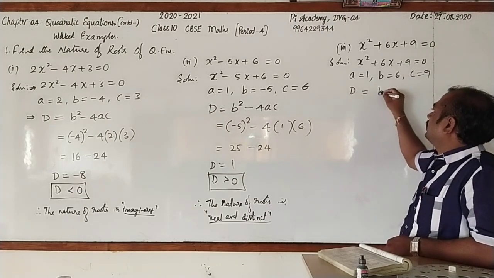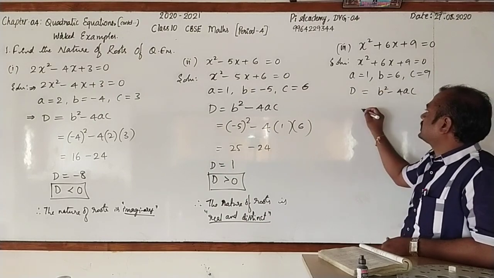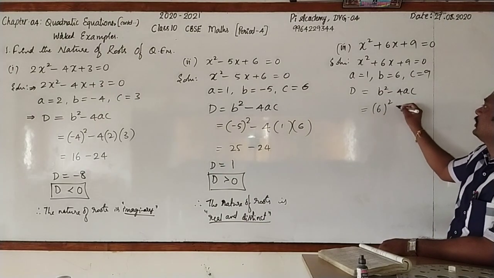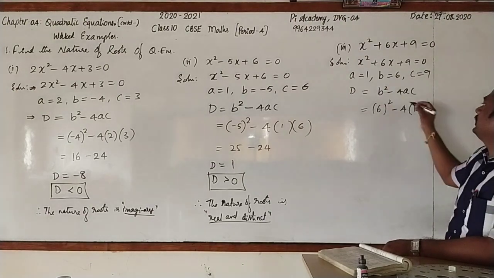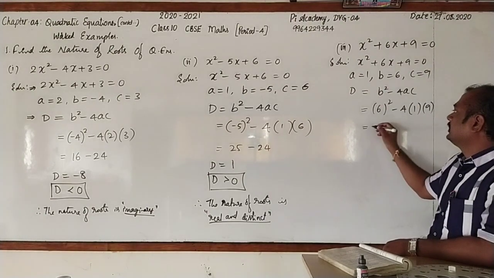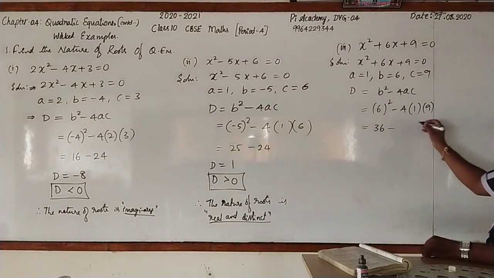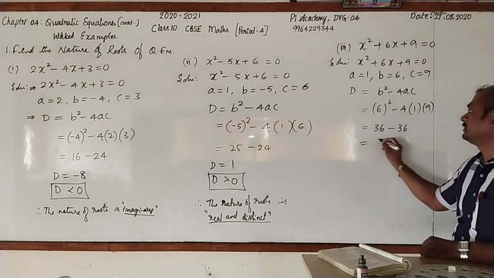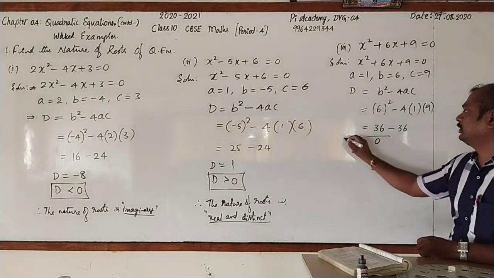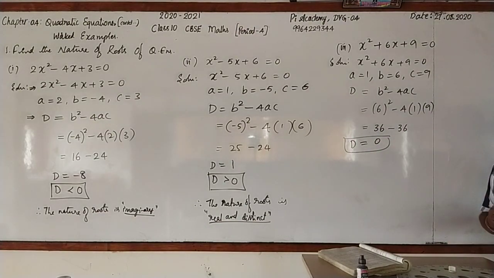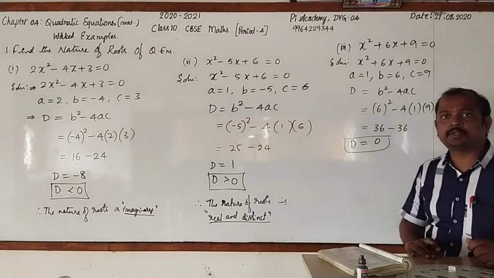Then D is equal to b square minus 4ac. Substitute where b is 6 whole square, 4 into a is 1 and c is 9. 6 square is 36 minus 4 ones are 4, 4 nines are 36. It is 0. D equal to 0. When the discriminant value is 0, what will be the nature of the roots?